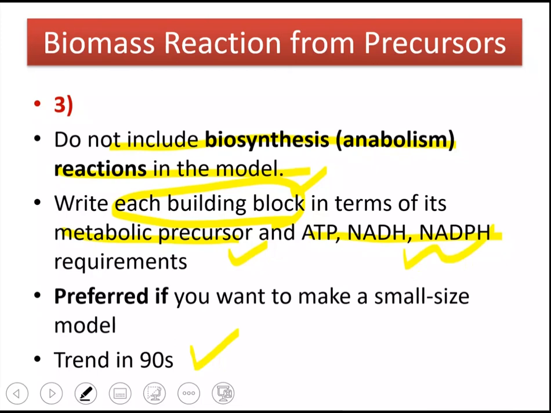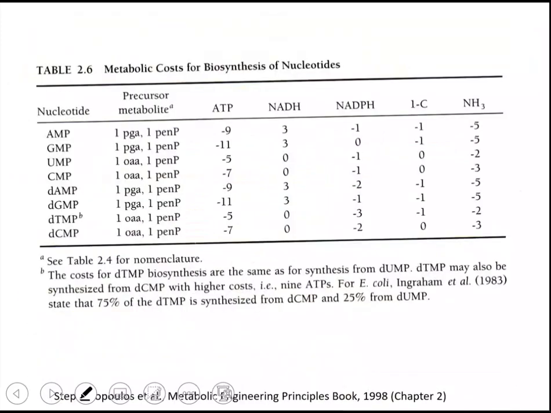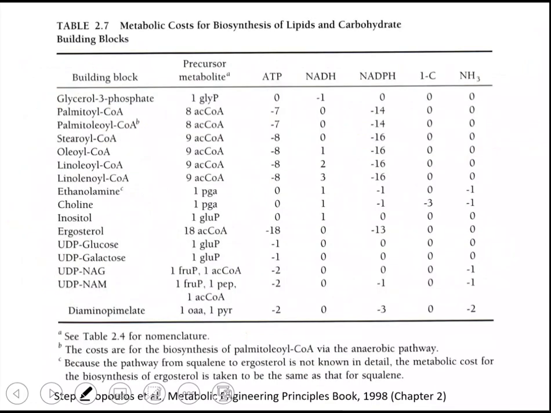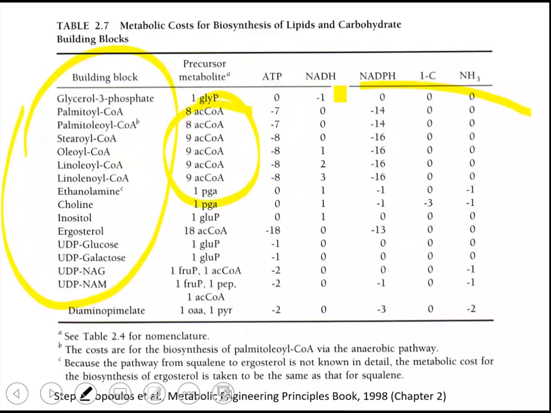Nowadays, almost nobody uses this approach. Again, for other building blocks, such as nucleotides, you can write them in terms of required precursor metabolite and required ATP, NADH, NADPH, etc. And also for lipids, you can write them in terms of precursor metabolites and required ATP, NADH, and NADPH.